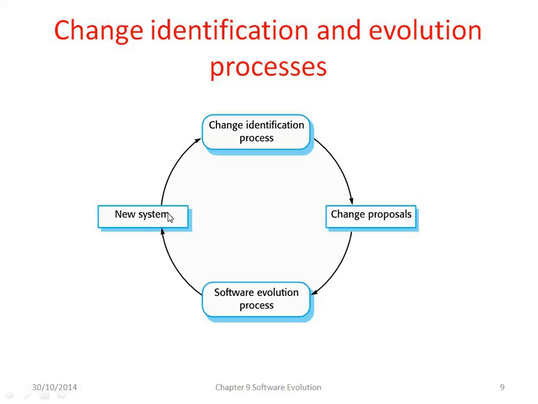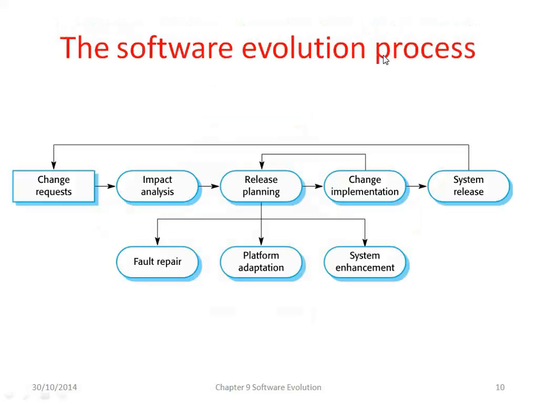After using that new system, it may require some additional changes based on environment change or any other reason. Then you again identify changes, propose them, modify and develop the new system. This process is called the change identification and evolution process.